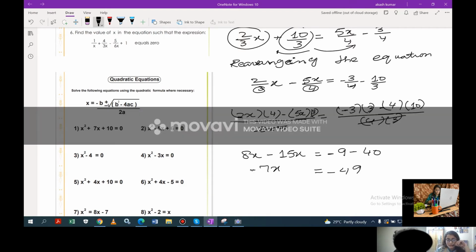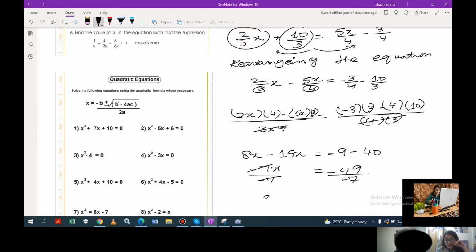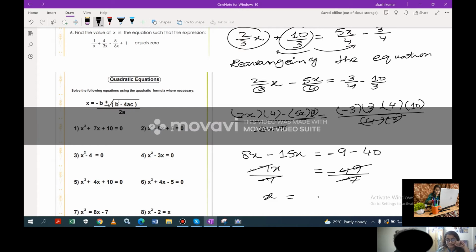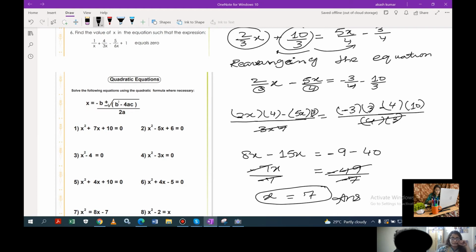So to get the value of x, can we divide both sides of the equation by minus 7? Minus 7 cancels out with minus 7, left with x equals to minus 49 divided by minus 7. 7 goes into 49 by how many times? 7. Yes. So our solution is x equals 7.